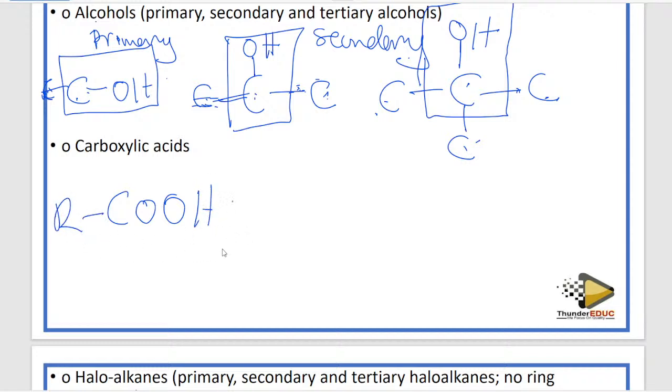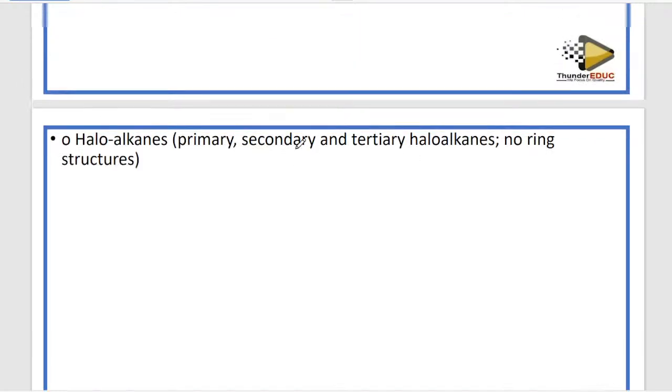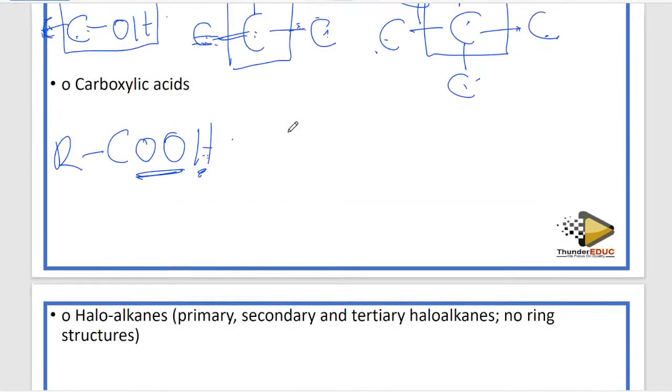Once you write a compound and you see it has 2 O's with a hydrogen, listen carefully, I said 2 O's with a hydrogen at the end. It must have a hydrogen at the end. Why am I saying that? Because the sister of that is going to look like this. Then I have another carbon atom here, and this could be how many carbon atoms, it depends.